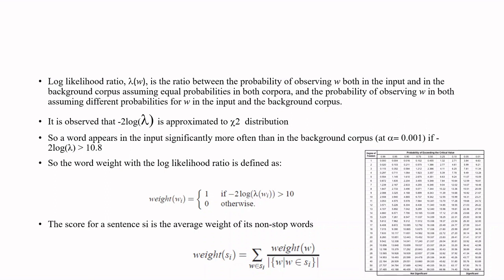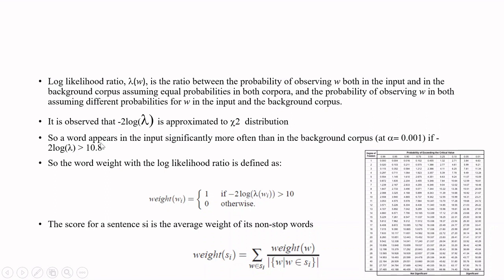It is actually a ratio of the likelihood of a word W within the input corpus and the likelihood of it occurring in the background corpus. So that is what the log likelihood ratio measures. Now here it is seen that -2 log lambda is the value. This particular value can be approximated to a chi-square distribution.